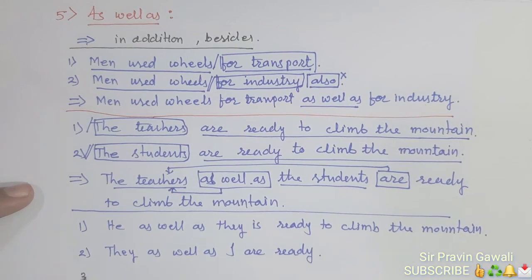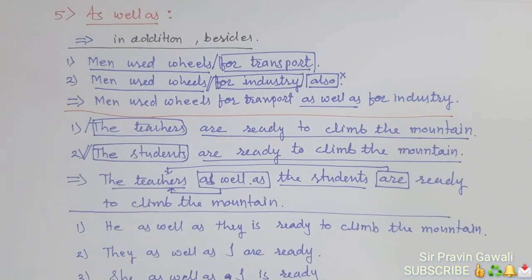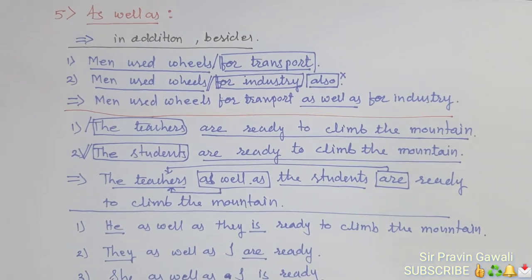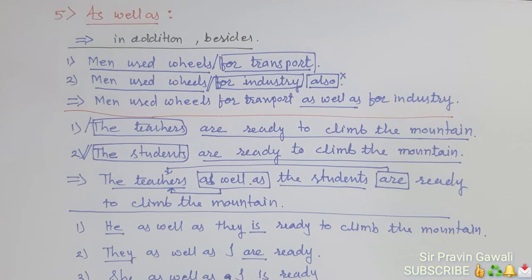One more, she as well as I is ready. Okay, student, have understood now? According to the pronoun, we will use the auxiliary verb, the first pronoun or first subject we can say. They are is used, she is used. Okay? Okay, student, have understood?